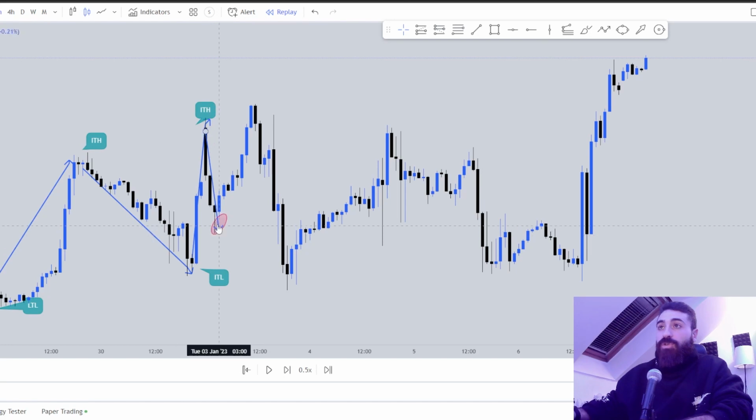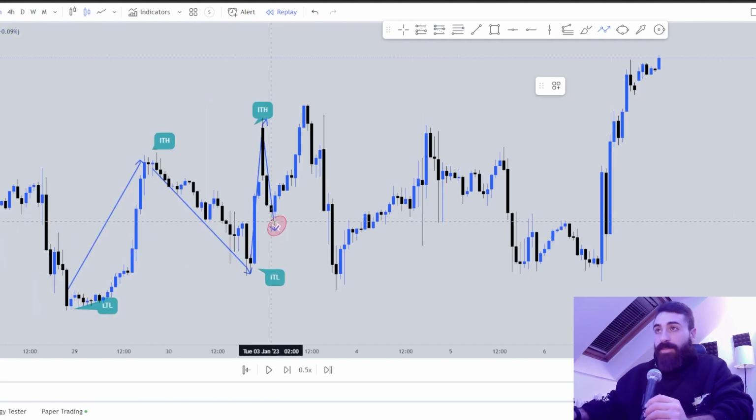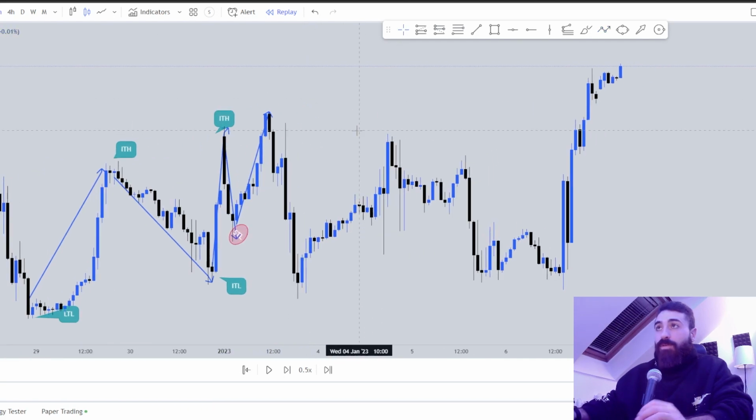This is a short-term low, which confirms this intermediate term low, which means that we're going to go higher than this. And this is what happened. So this is a confirmation for a trade for us. We rallied above the intermediate term high and we rallied above the long-term high right here. So this is our first example.